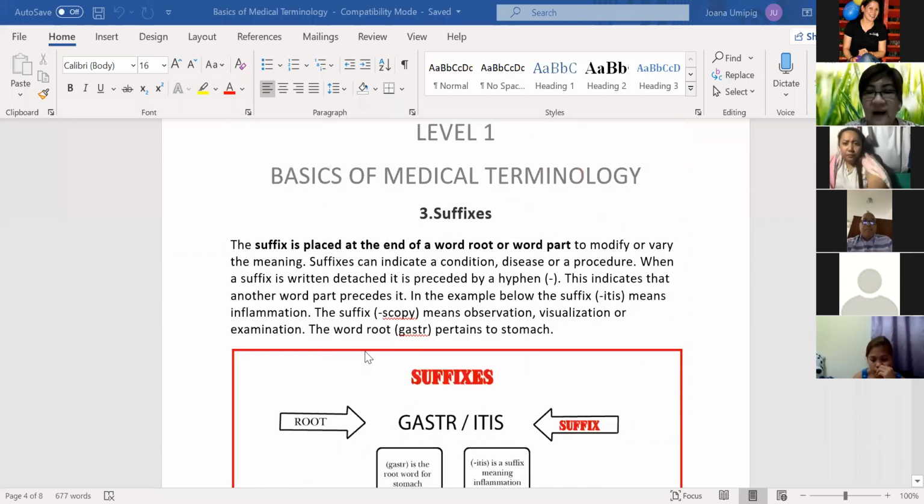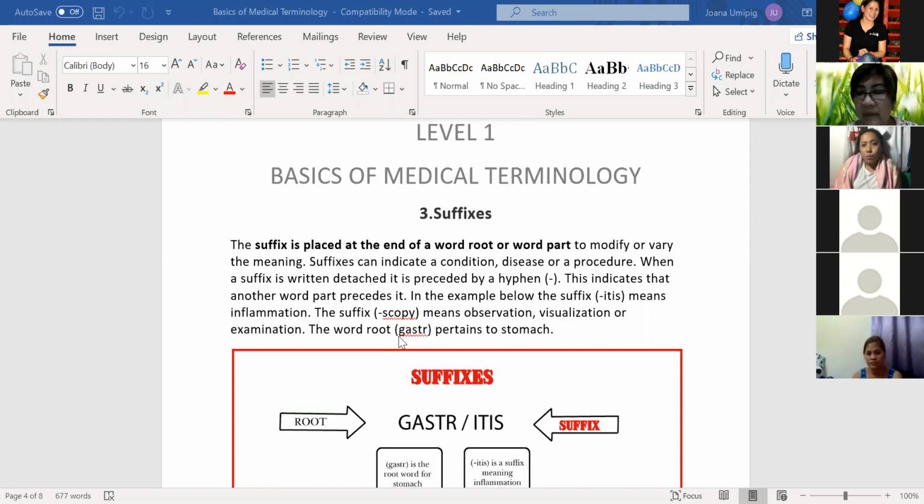So going forward, we have the suffixes. Suffix is placed at the end of every word root or word part to modify or vary the meaning. Suffixes can indicate a condition, disease, or a procedure. When a suffix is written detached, it is preceded by a hyphen. This indicates that another word part precedes. So may kasunod. In the example below, the suffix itis.